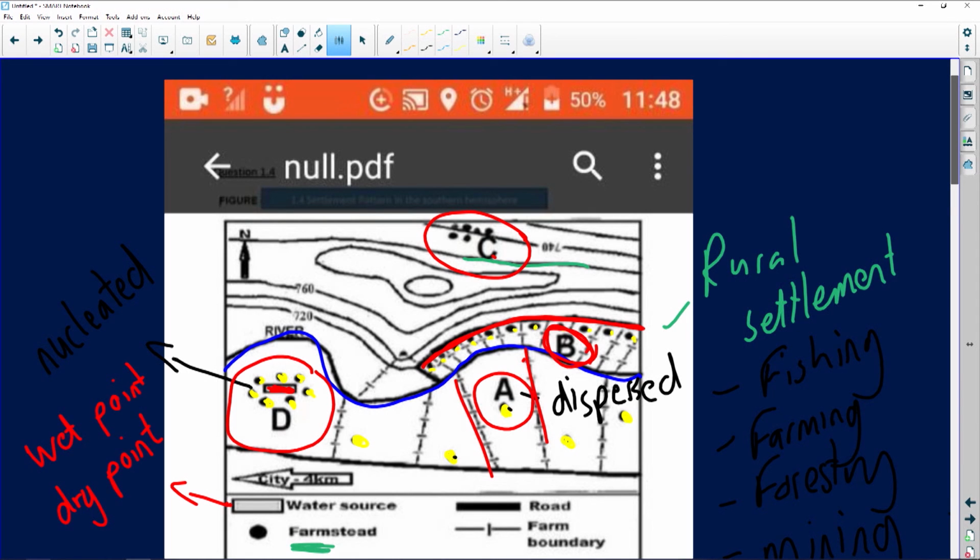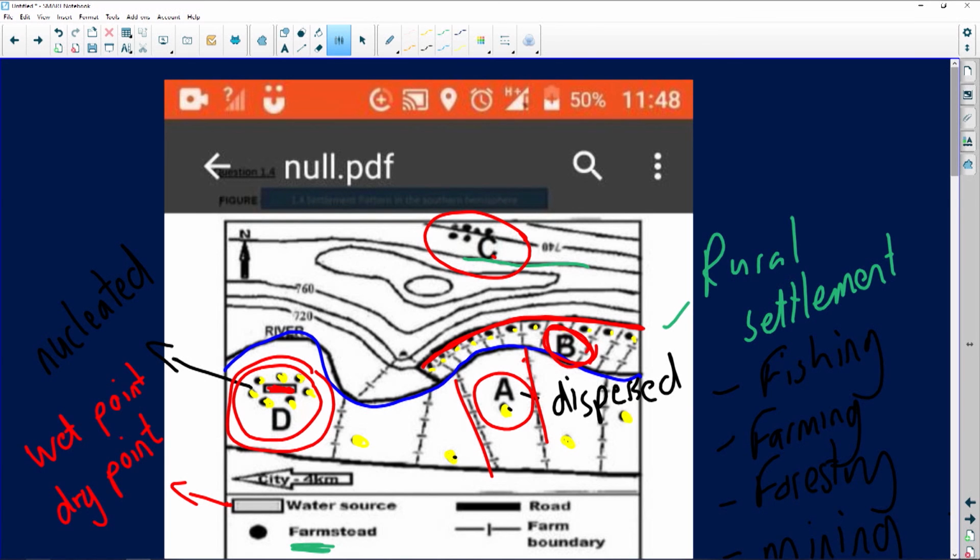First of all, people need to share their profits. Maybe it's not very viable to be commercial farming, being nucleated, because the profits need to be shared. But once again, we do have advantages for nucleated settlements. People may share advice, people may share equipment, and it's a much safer environment with more people living together.